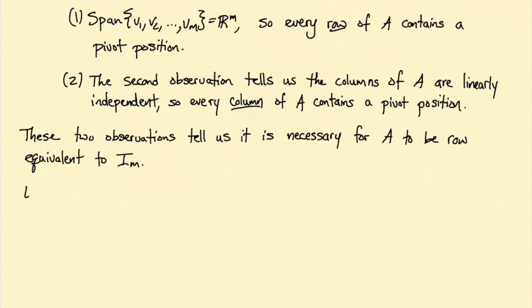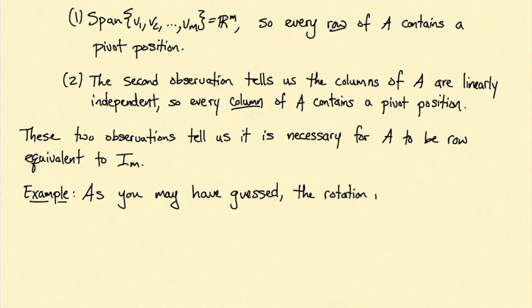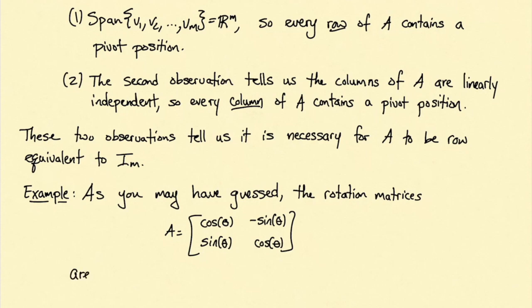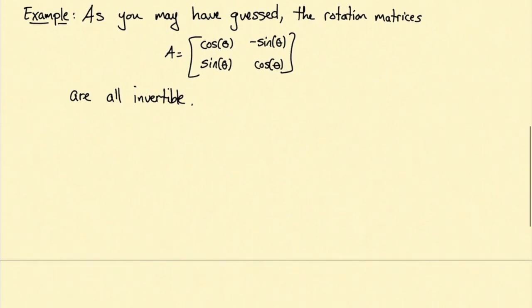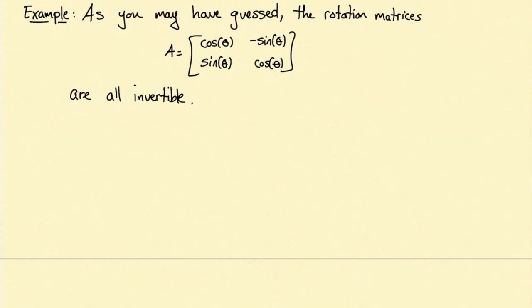For example, as you may have already guessed, the rotation matrices A, whose first column is cosine theta, sine theta, and whose second column is minus sine theta, cosine theta, are all invertible matrices. In fact, the inverse corresponds to a rotation by negative theta radians.